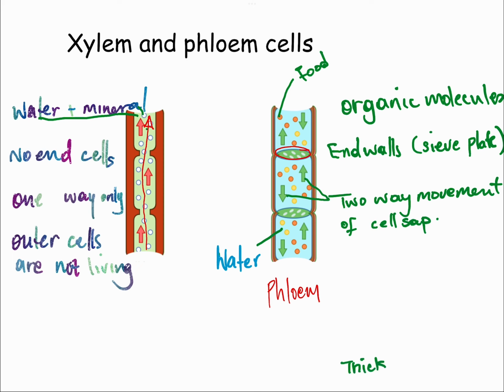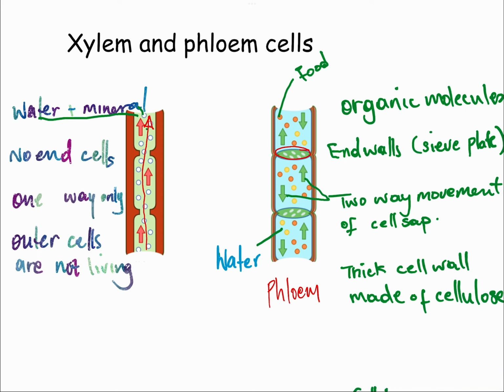Two-way movement of cell sap. And you've got a thick cell wall made of cellulose, so it's very strong, and it's a living cell, while the xylem is a dead cell. So xylem is a dead cell, phloem a living cell. Phloem substances move up and down, while in xylem they move in one direction.